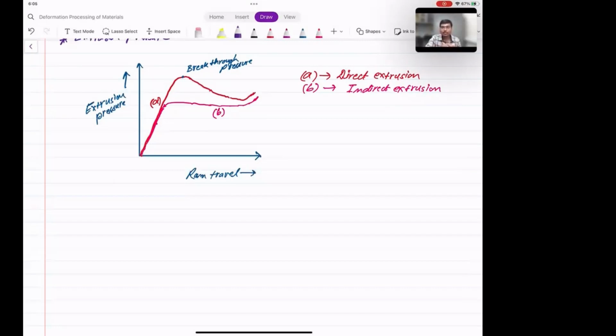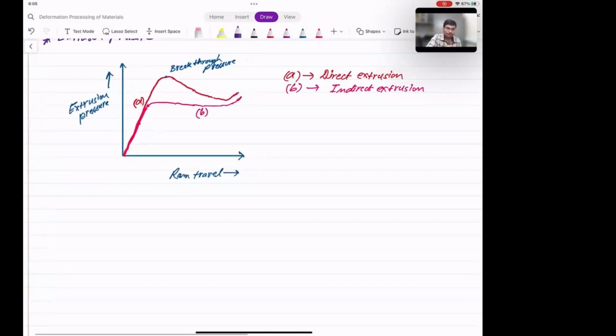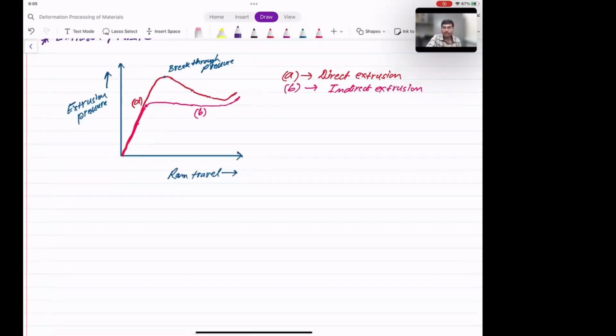They do not flow through the orifice and remain in the material, and that particular section is known as dead metal. Very high stress or pressure is required to push that portion out from the orifice. That's why the pressure again starts to increase after this stage.